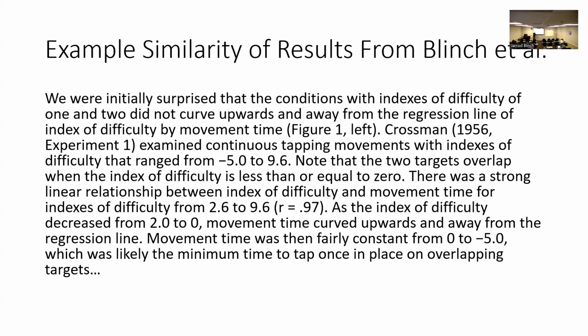There's kind of this curve we predicted, and we say, oh, Crossman, and we explain a little bit. They did show that, and this is kind of a big thing. So there's actually a few more paragraphs where we go into it. But here we've brought up a difference between our results and another paper. Any questions about that?